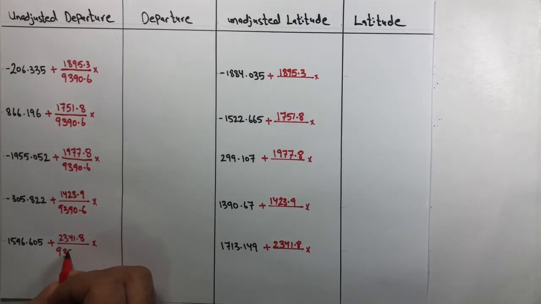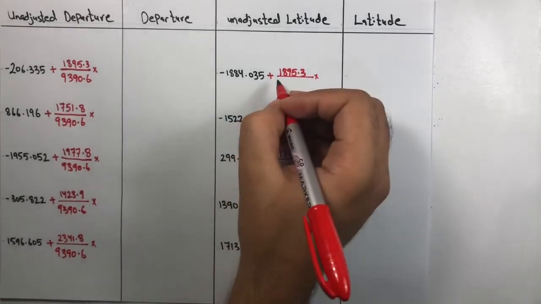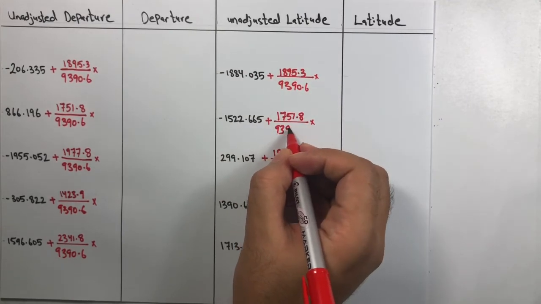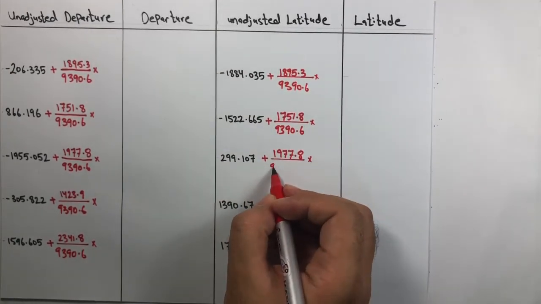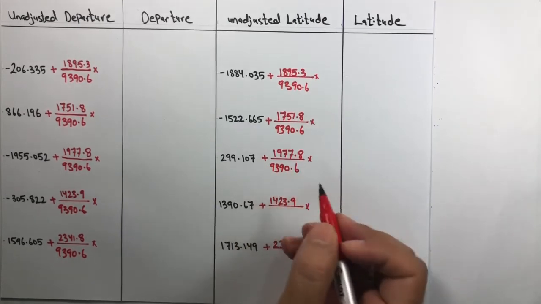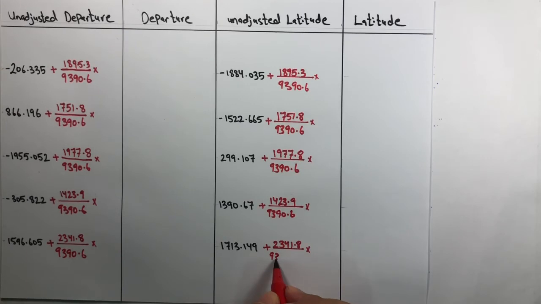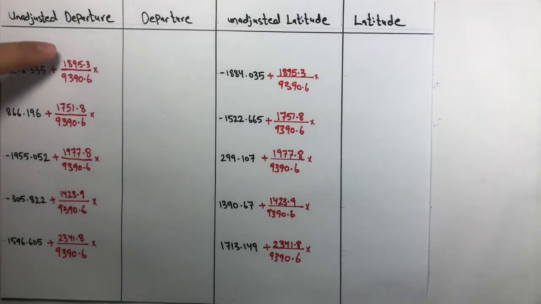9390.6. It's just like taking percentage of line AB related to the total length of the traverse.